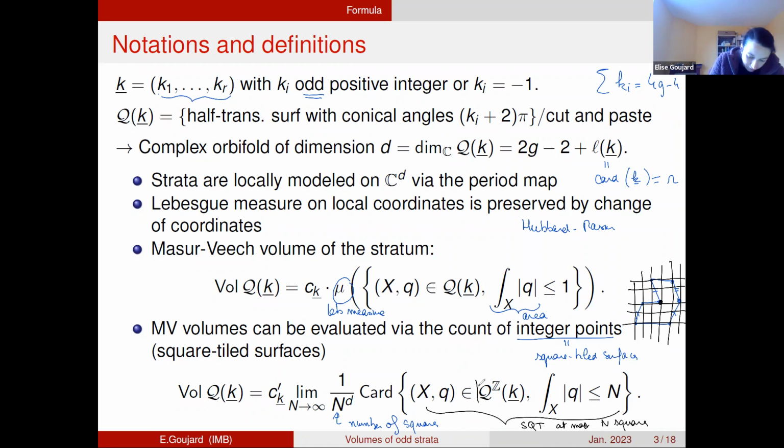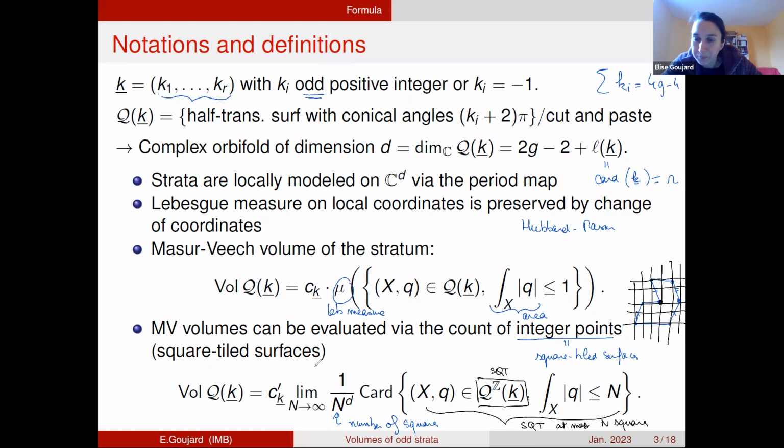So this is the notation for square tile surfaces. Okay, and so you evaluate this number. You look at the behavior as n goes to infinity. It should have some constant times n to the power of the dimension of the stratum, because this has dimension d. And this constant basically gives you the volume.